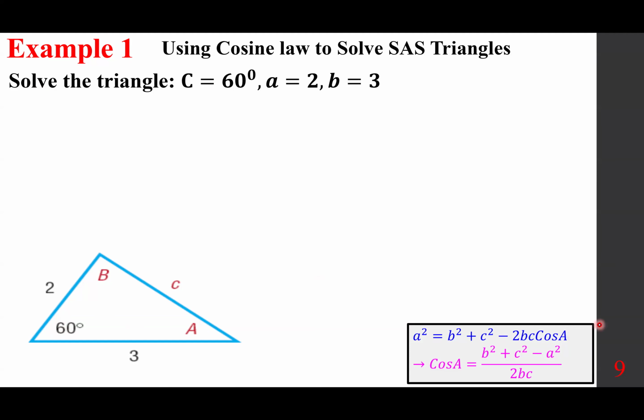using this formula. So c squared is a squared plus b squared minus 2ab cosine C. Just plug in.